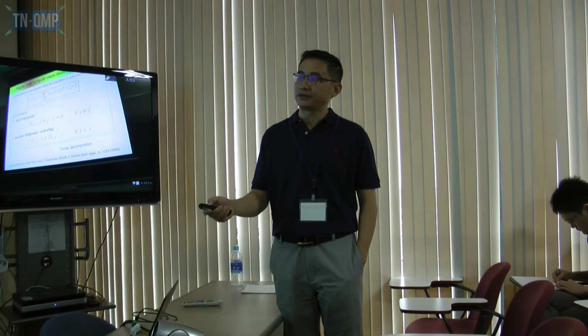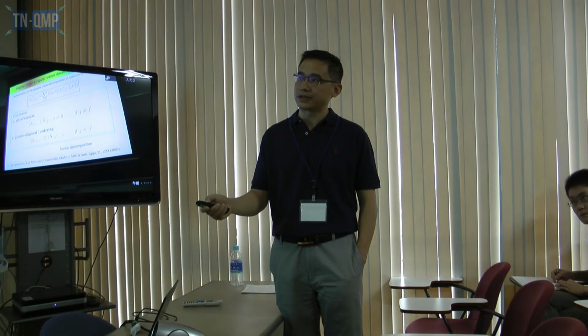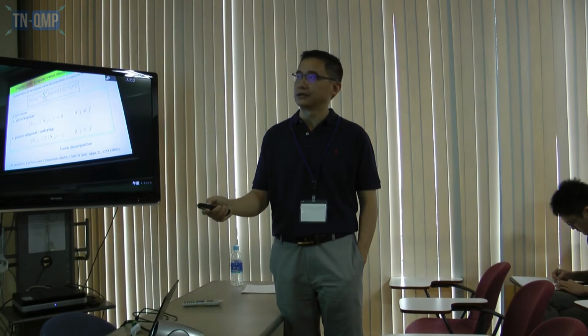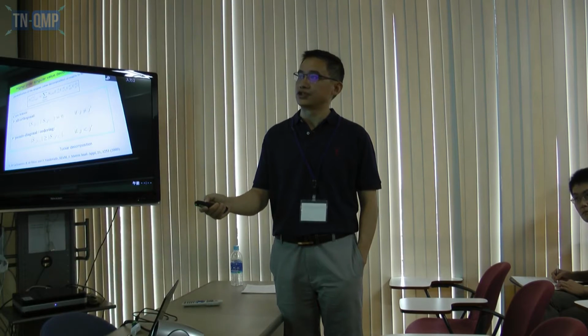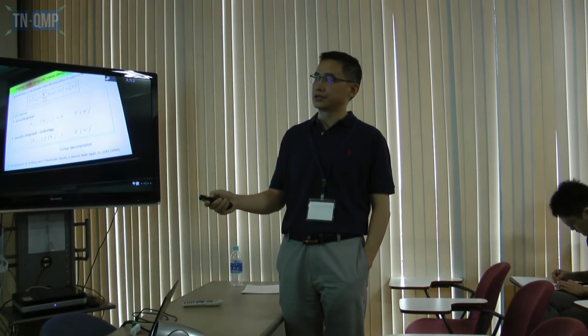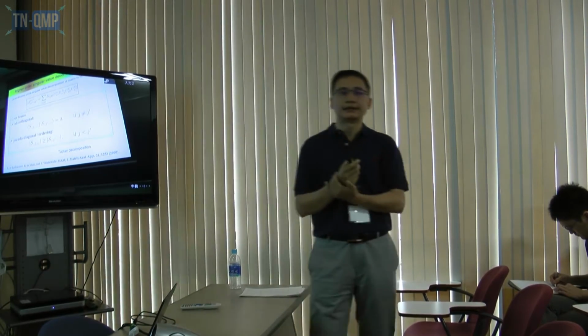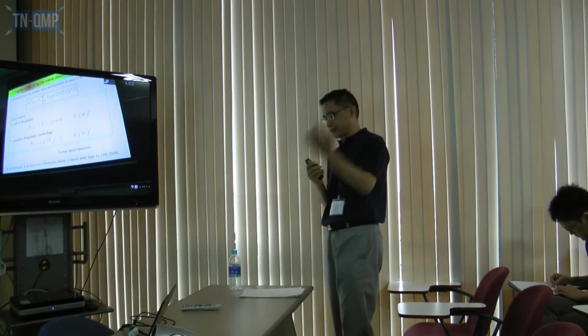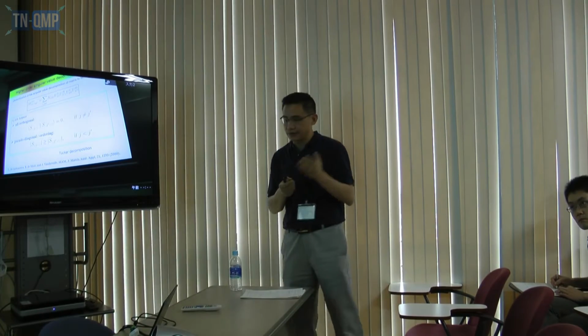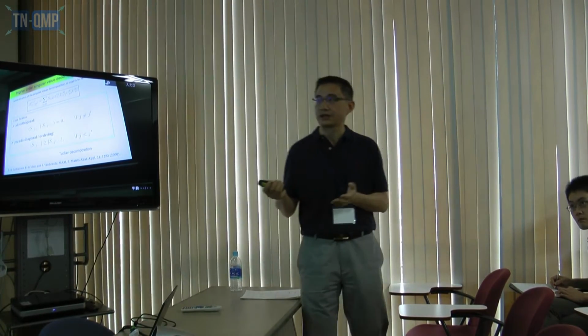That means if you contract all the indices except the second index, then they should be orthogonal if j is not equal to j prime. So that means it's a coarse diagonal. It's not exactly diagonal in the tensor sense, but it is coarse diagonal.